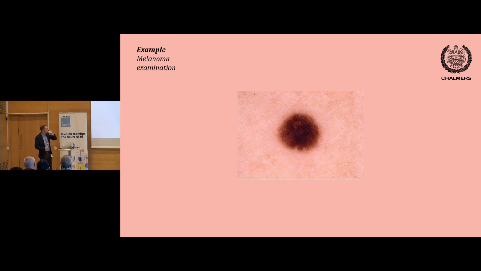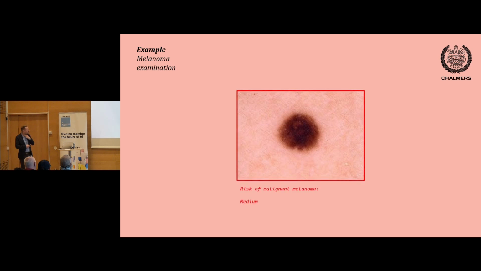Here's another example of melanoma, or a potential skin cancer, at least on a pale person like me. This is a spot, and we want to see what the risk is that there is actually malignant melanoma here. The AI says medium. Okay. Sure, that's not very rewarding.